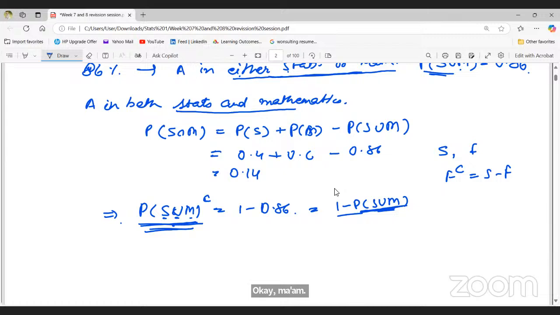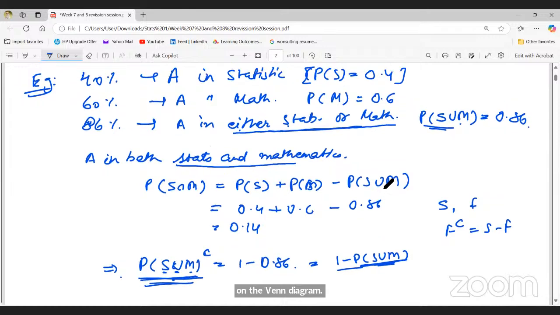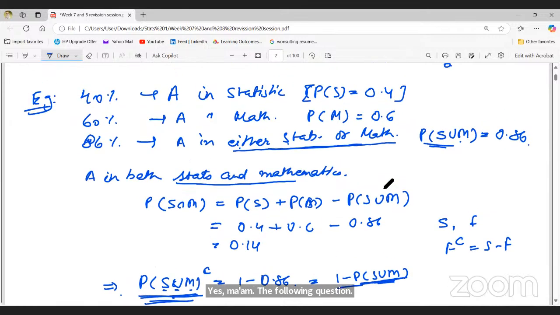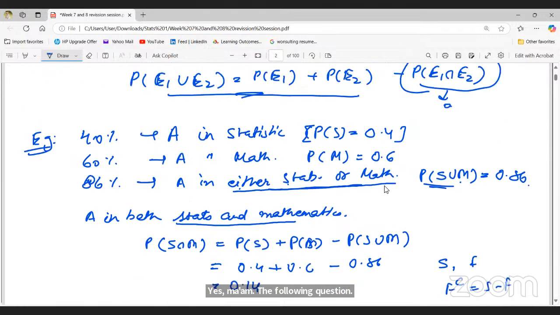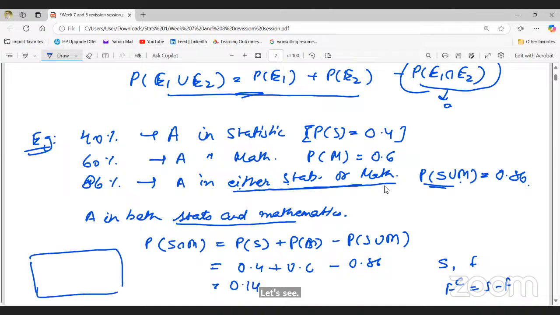Can you depict this on the Venn diagram too? Okay, let's see. This is my sample space.